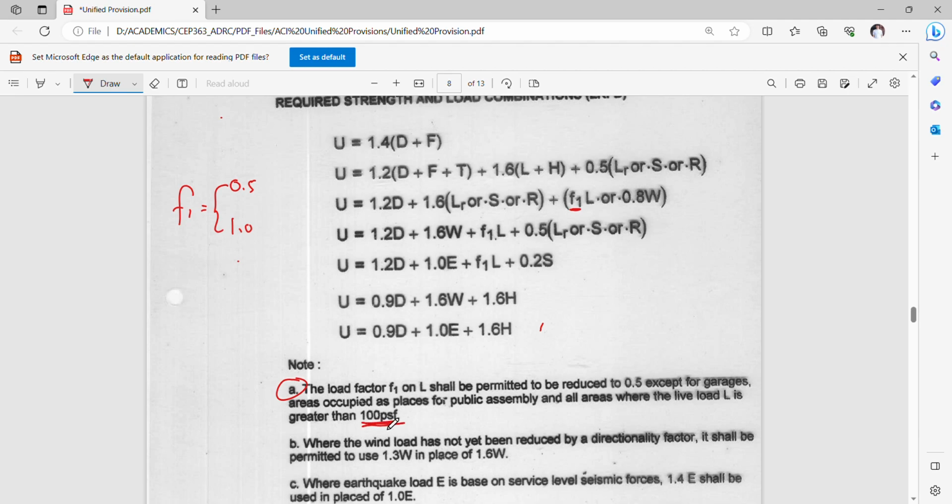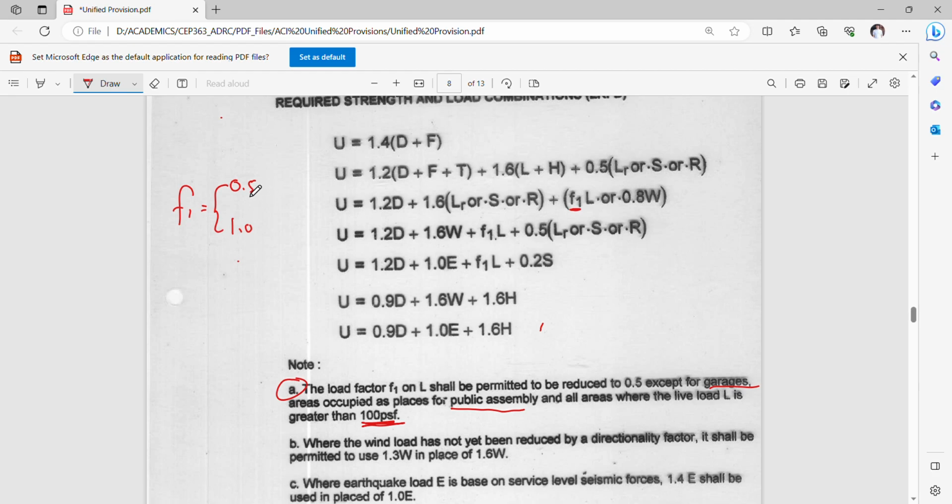So it only perhaps gives us an idea that if the weight of the occupant is greater than 100 pounds per square foot, which is normally existent on public assembly, garages, and storages, no? We can actually reduce that live load by 50%, okay, or to 50%.